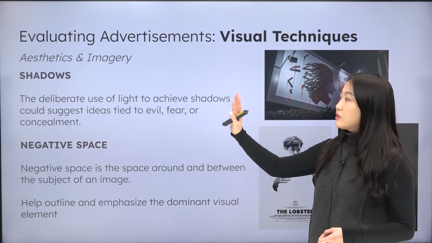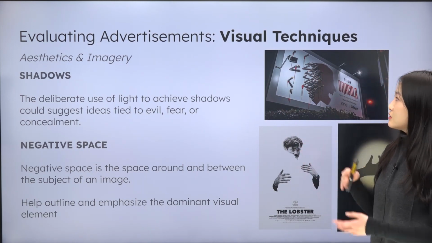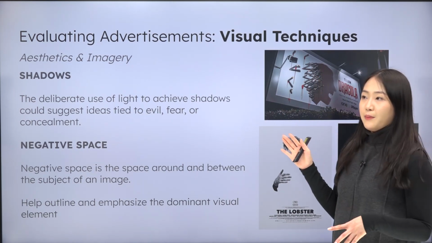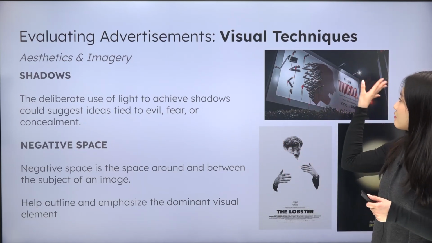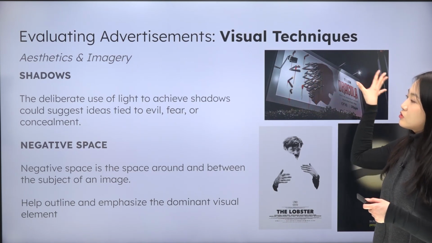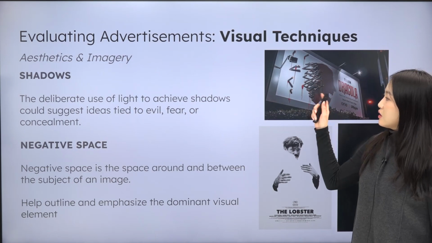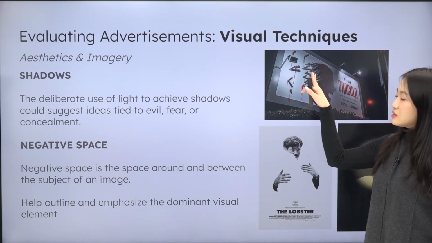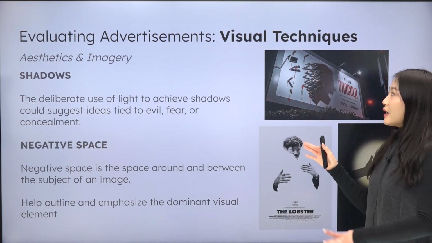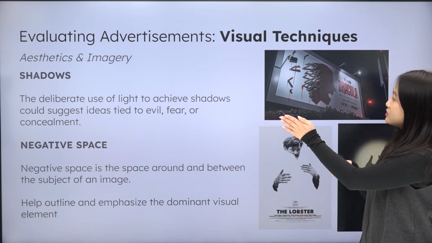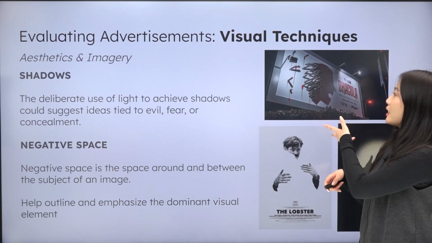So where there is light, there are shadows. And usually they use light to achieve certain shadows and the use of negative space for certain advertisements. I think this is a very beautiful advertisement that makes use of shadows. When you see here, it's a bunch of stakes that are embedded into the ad board. And at night, it creates a certain shadow to reveal a Dracula or a vampire.